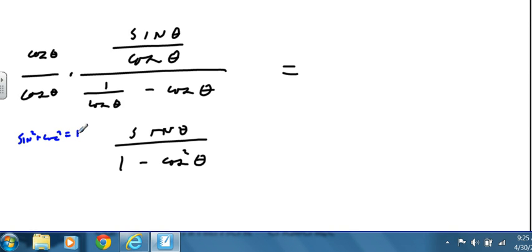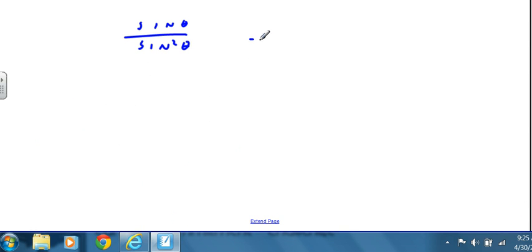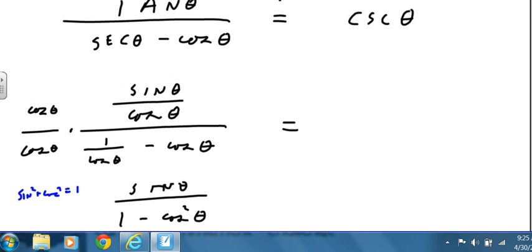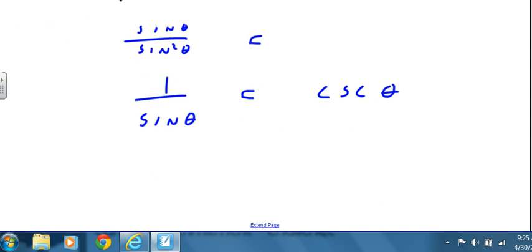So 1 minus cosine squared has to be sine squared. So this is sine theta over sine squared theta. And now I got 1 over sine. And 1 over sine is, in fact, the cosecant. I'm certainly hoping I'm supposed to be looking for the cosecant. Tell me I was looking for the cosecant. Yes, I was. Okay. Because if I wasn't, it's going to be a very long day.